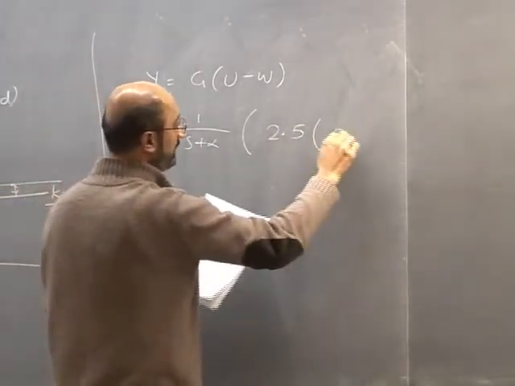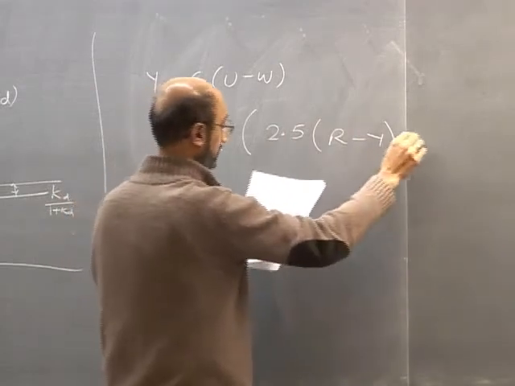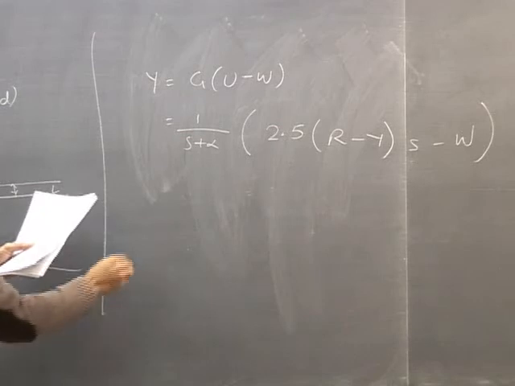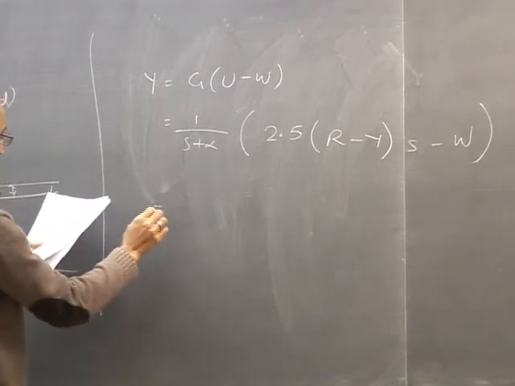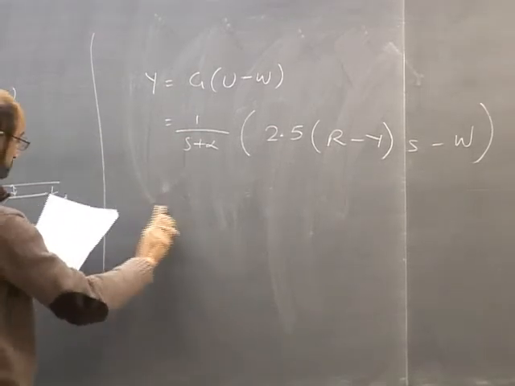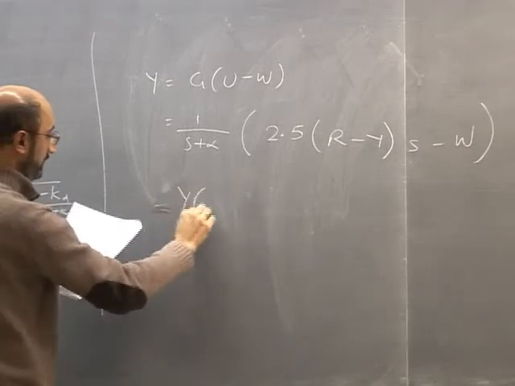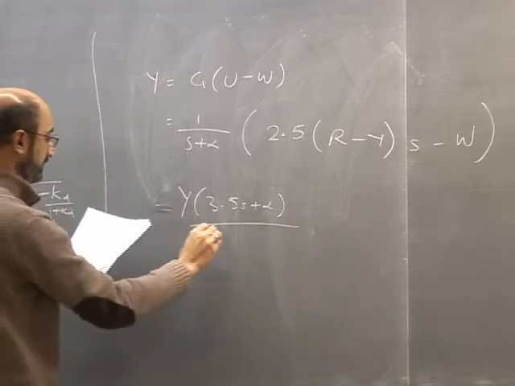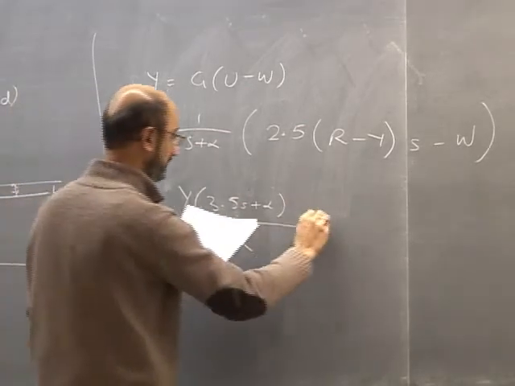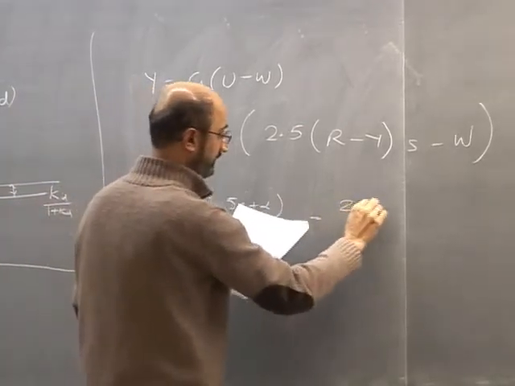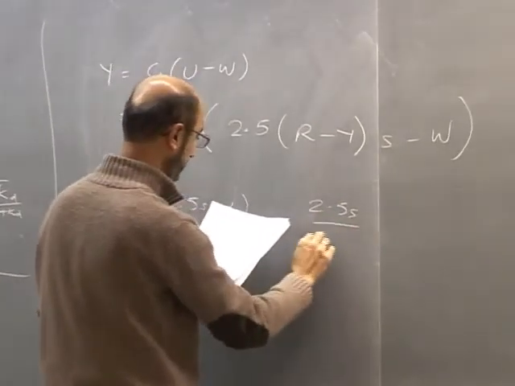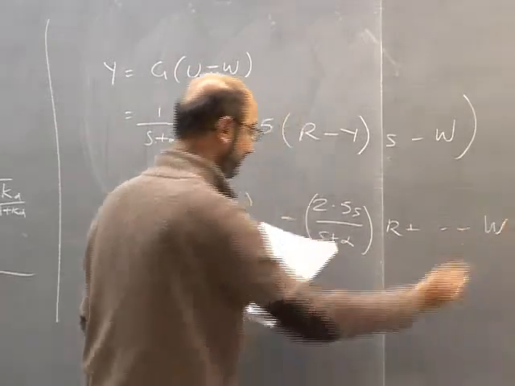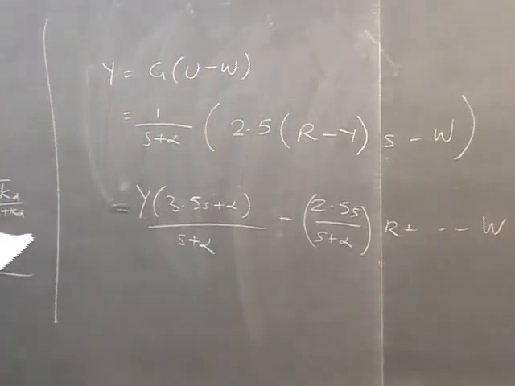So it's 2.5 (r minus y) s minus w, and this s is because it's derivative mode, and then this becomes y (3.5 s plus alpha) over s plus alpha equals 2.5 s over s plus alpha times r plus something in w, which is not really important, because we're going to set that to 0.